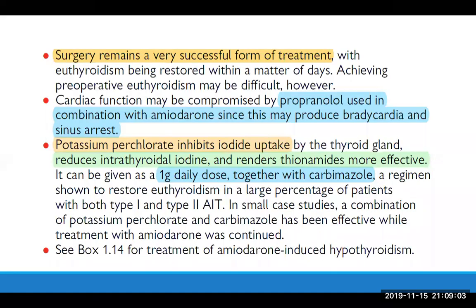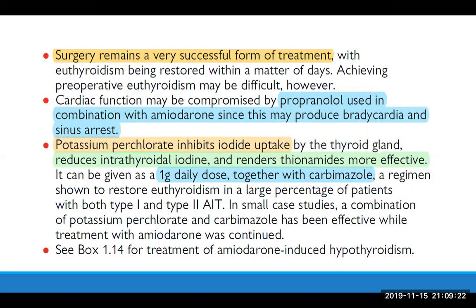Dr. Khalid, yes. May I just know regarding the surgery options, when will we consider surgery for this issue? After normalization of thyroid, actually we treat by antithyroid drug and by potassium perchlorate or sodium perchlorate for 1 month.